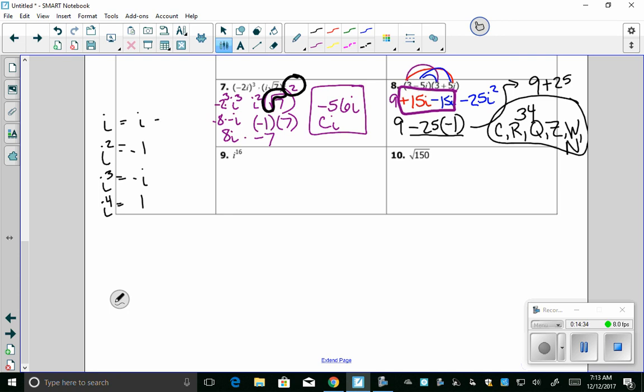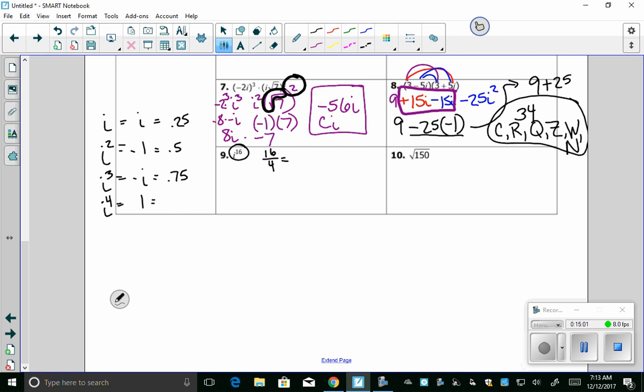So when you divide this number, the 16, by 4, if you get 0.25, you use i. If you get 0.5 as the ending decimal, you use negative 1. 0.75, you use negative i.